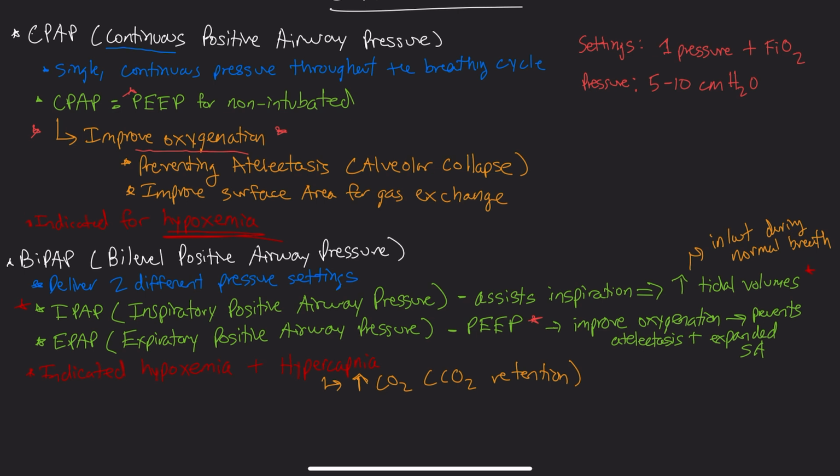And that's basically going to help blow off more CO2, get rid of that CO2. So that's how it can help improve that hypercapnia. So basically, to put things short, it not only improves oxygenation, it also improves ventilation as well.